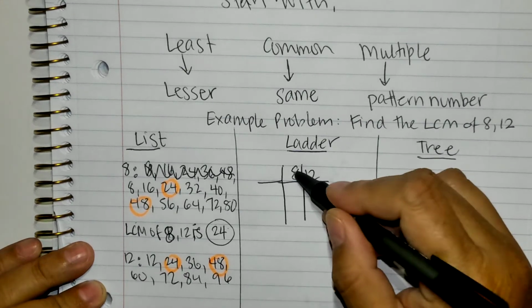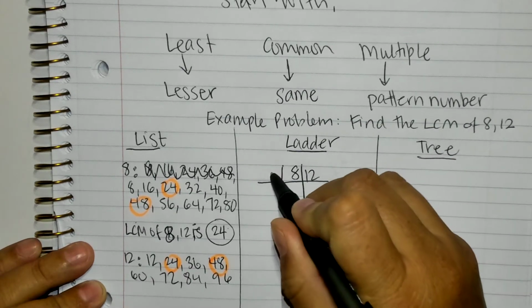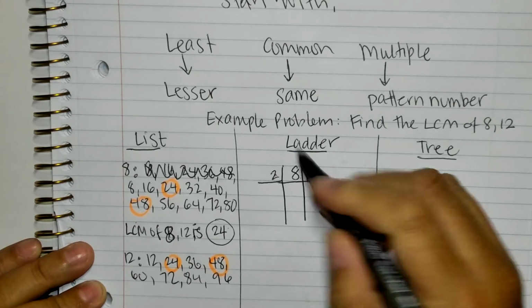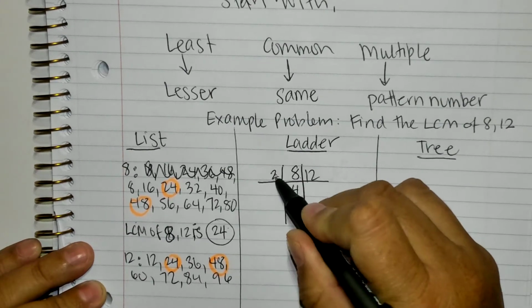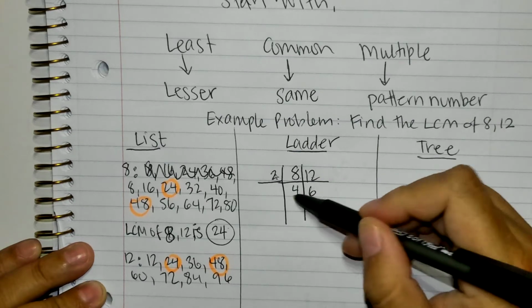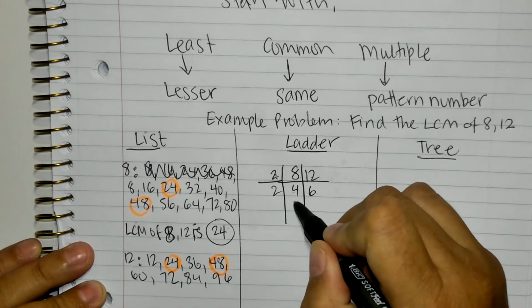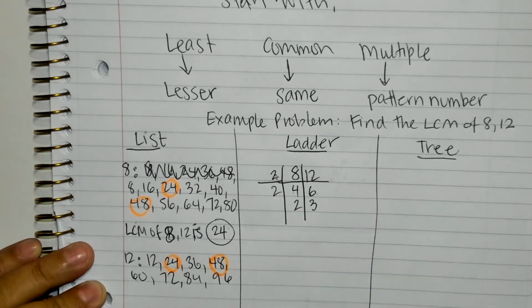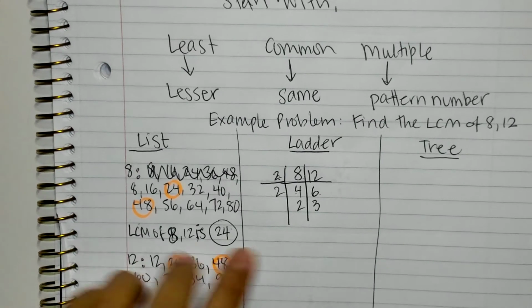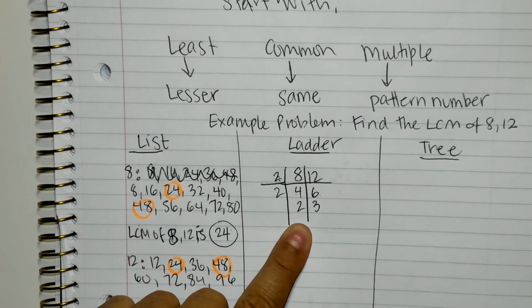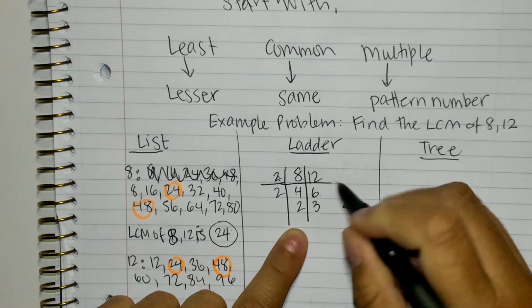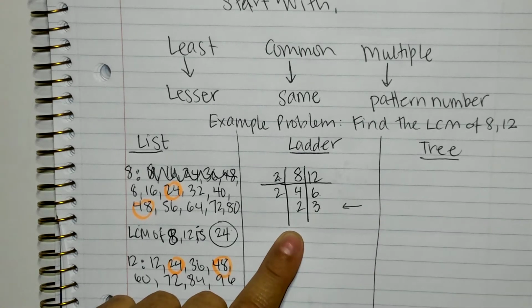So what goes both into 8 and 12? I'm going to say 2. 2 goes into 8 4 times. 2 goes into 12 6 times. Again, you can break both of these down. 2 and 3.